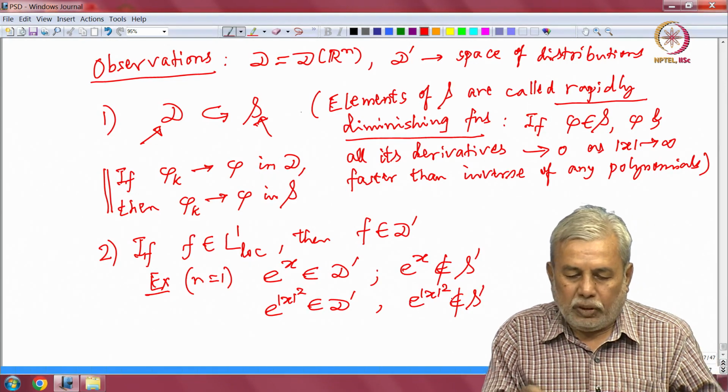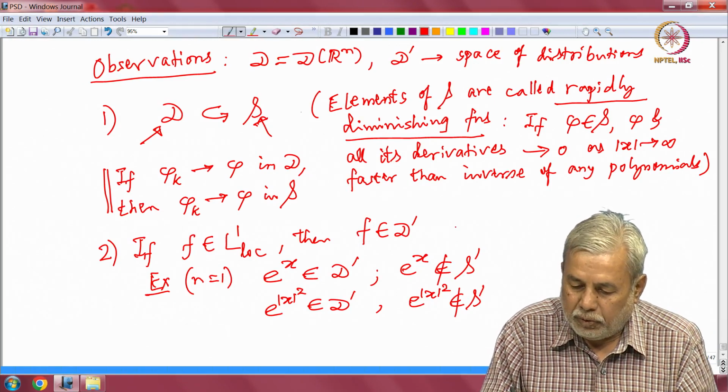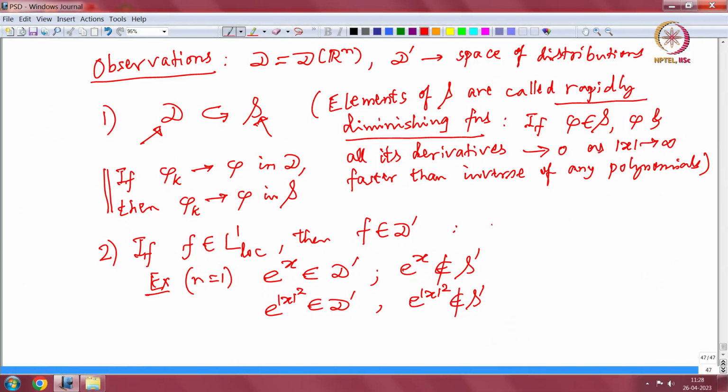Okay. So, the way we associate a distribution to a locally integrable function is via the integral, right. It's the same way: f phi, where phi is in D, or in this case S. So, here it is very easy.